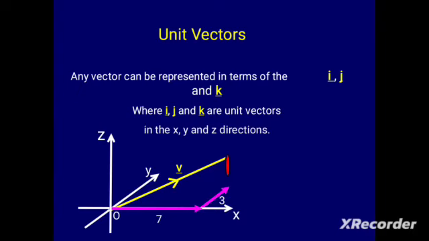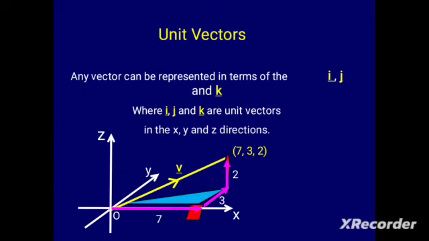So we are going to take an example of the measurement. x has been measured to be around 7 units, y 3 units, and z is 2 units. So the coordinates of x, y, z in terms of i, j, and k will be 7, 3, 2 because of that point.